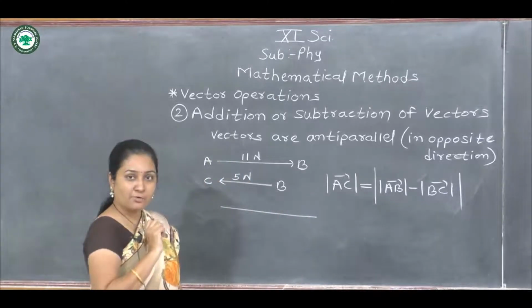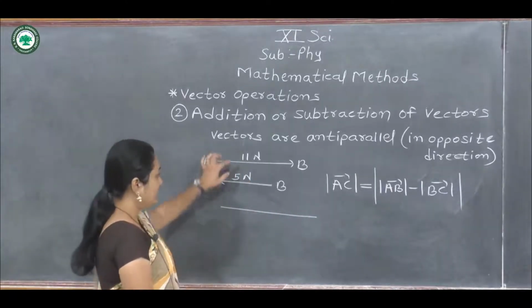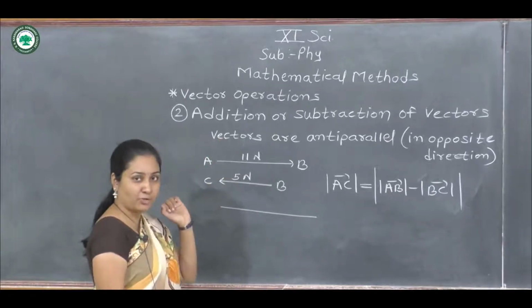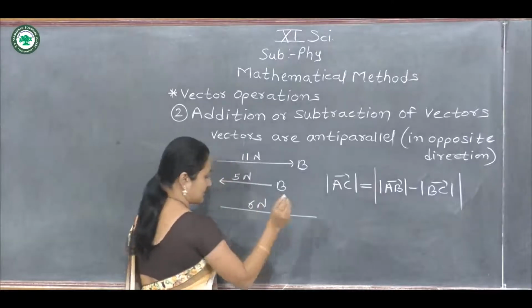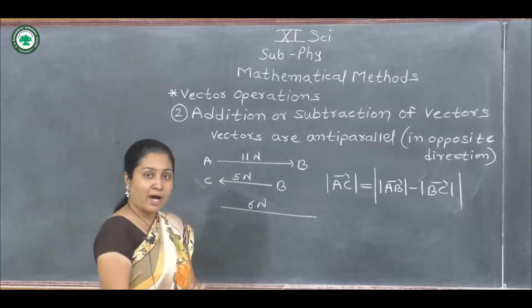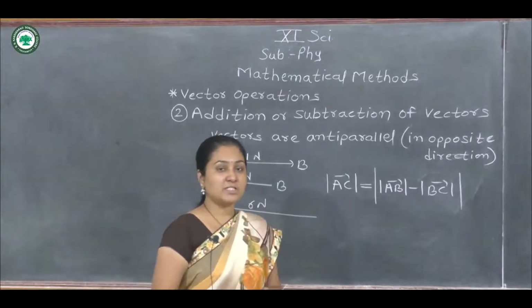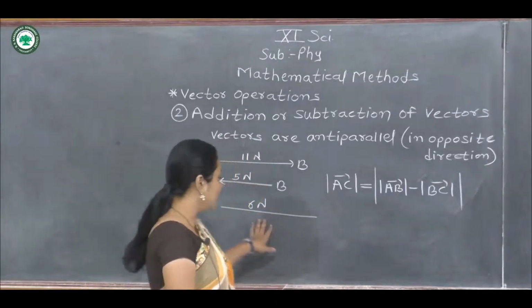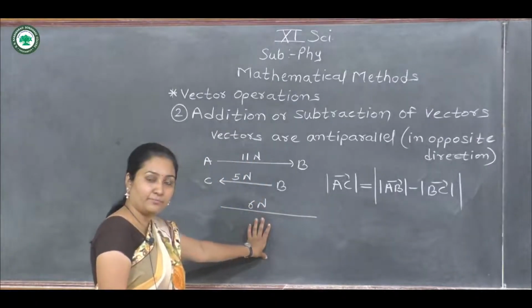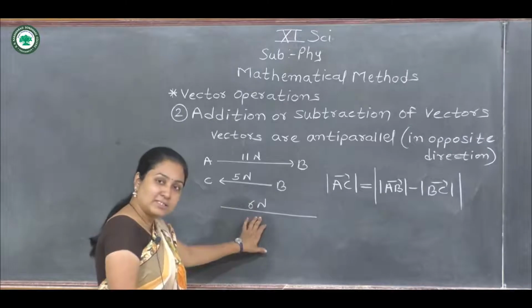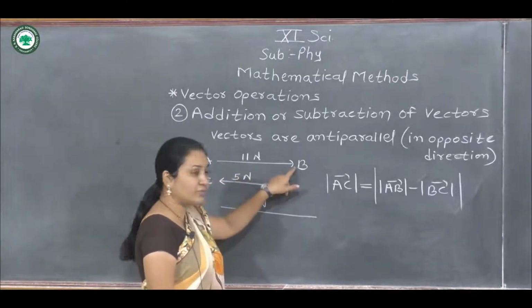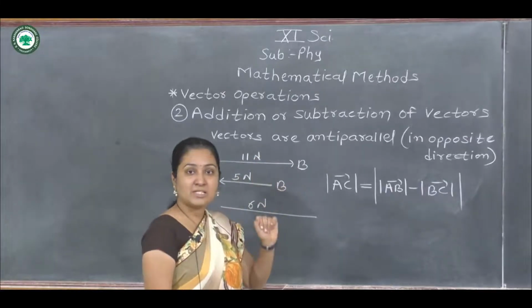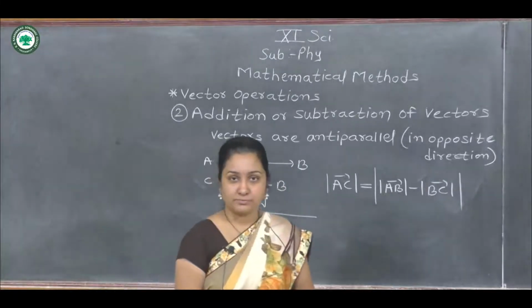Now we have to perform subtraction, that is 11 minus 5. So what we get here? 6. Now while considering the direction of the resultant vector, the direction is given such that it follows the direction of the vector which has higher magnitude.